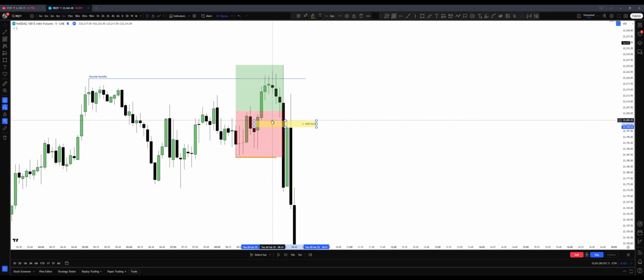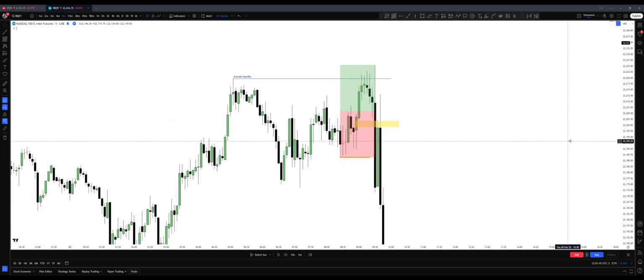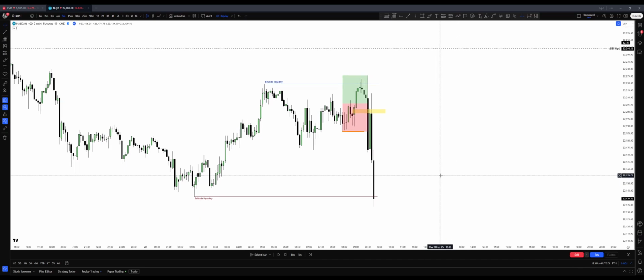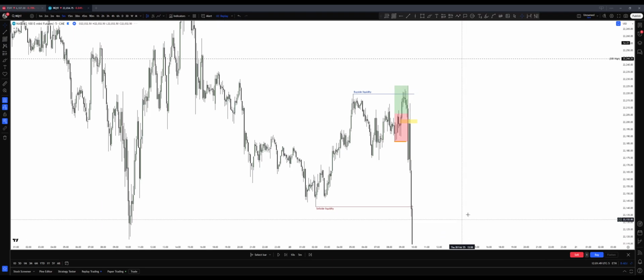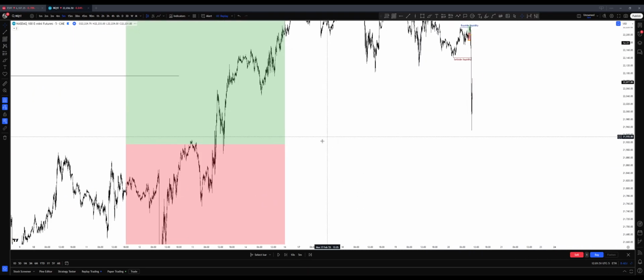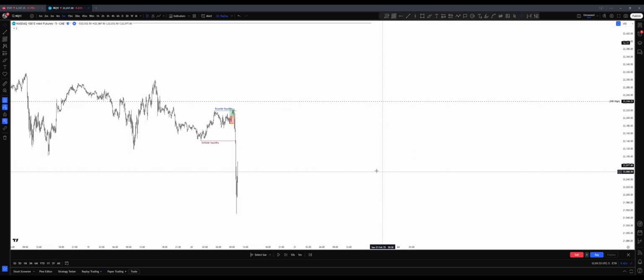And this inversion is also in the breaker. I'm not focusing on discount and premium, I'm just focusing on the PD arrays. And we just go down, because we are in the premium of the big range.